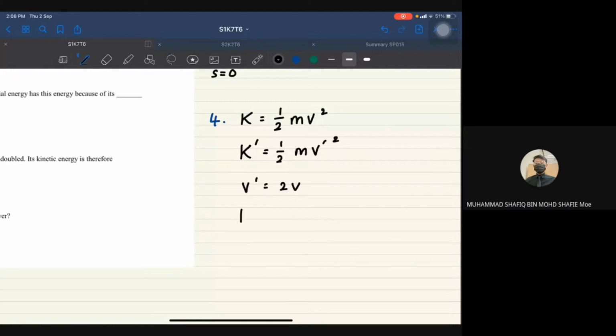So K prime, I just substitute back, equals half m times 2V squared. I can take out the brackets, so I get 2 squared, which is 4, and I just leave everything else as it is.